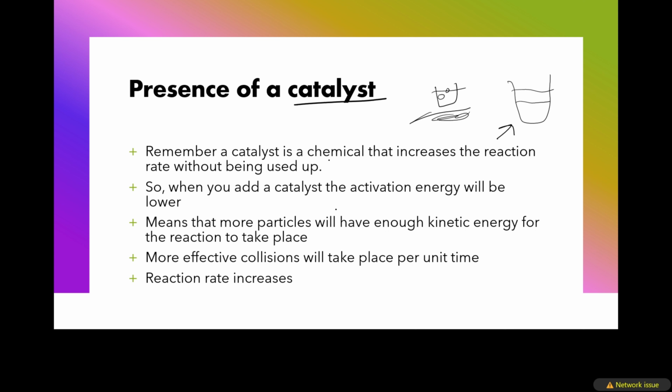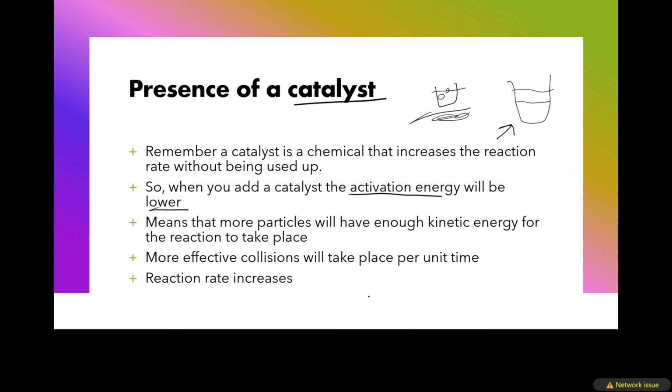So when you add a catalyst, then the activation energy will be lower, or it will decrease. Remember, we say that for an effective collision, the particles must have enough kinetic energy such that that kinetic energy is greater than the activation energy.